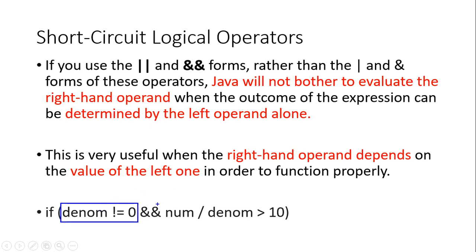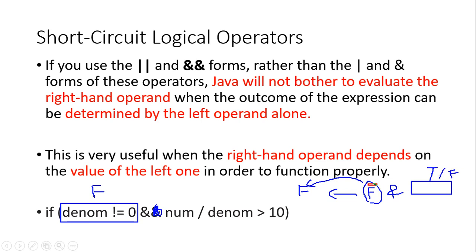It will evaluate the first expression, and if you have the and here and the first expression is false, you know very well that in the and operator, if any one of them is false, the result is always false, so the result is false itself.